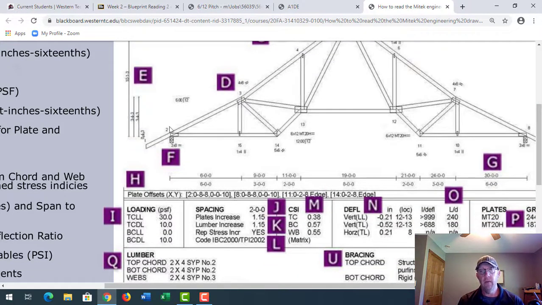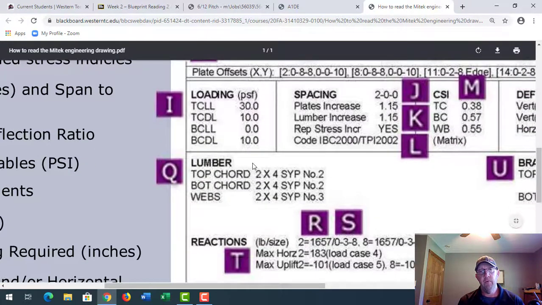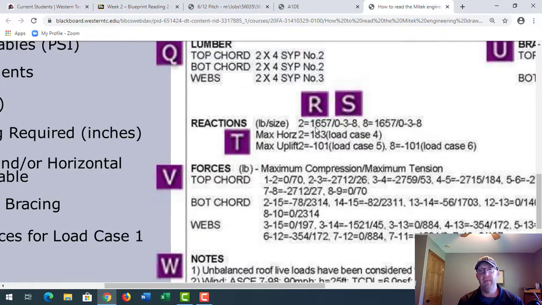If you look here, I'll blow this up a little bit, there's always going to be a number here. On this side there's a number 2, and if we go to our reaction side, you're going to see here's our number 2, and then equals, and this is the weight that's going to be distributed on that part of the wall. So it's 1,657 pounds.